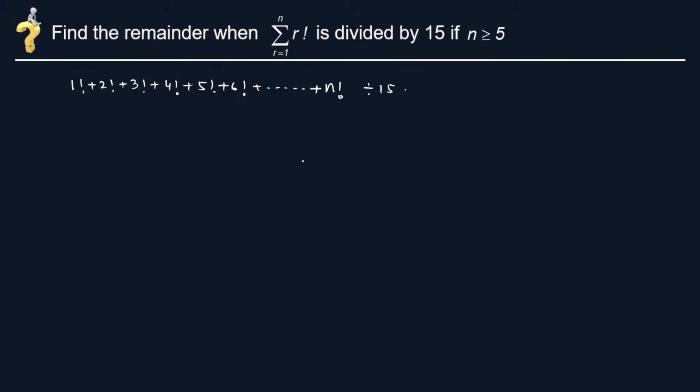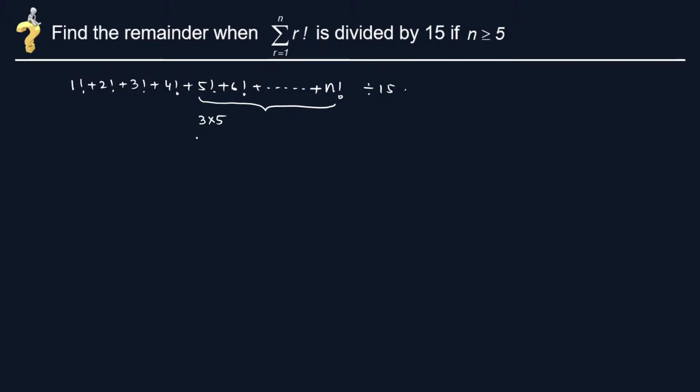Now, if you observe carefully, you will find that starting from factorial 5 till factorial n, in all those factorials, we are always having two factors. Other factors will be there, but two factors are common here. What are those? One is 3 and another one is 5.